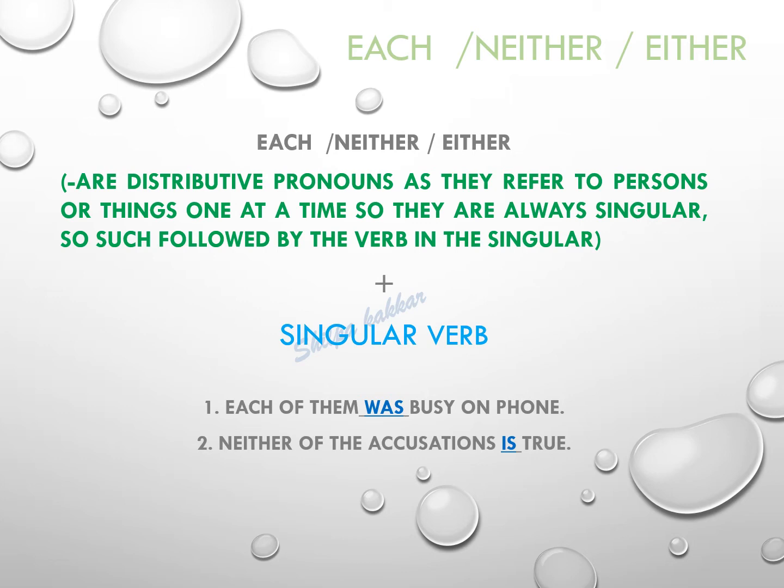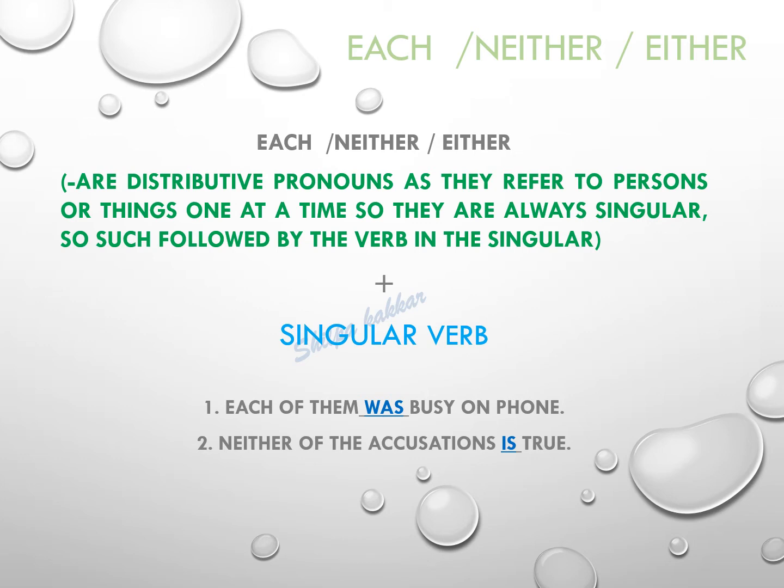Each, neither, either refer to things or persons one at a time. So they are always singular. So such words are followed by verbs in the singular. So each, neither, either should have a singular verb.